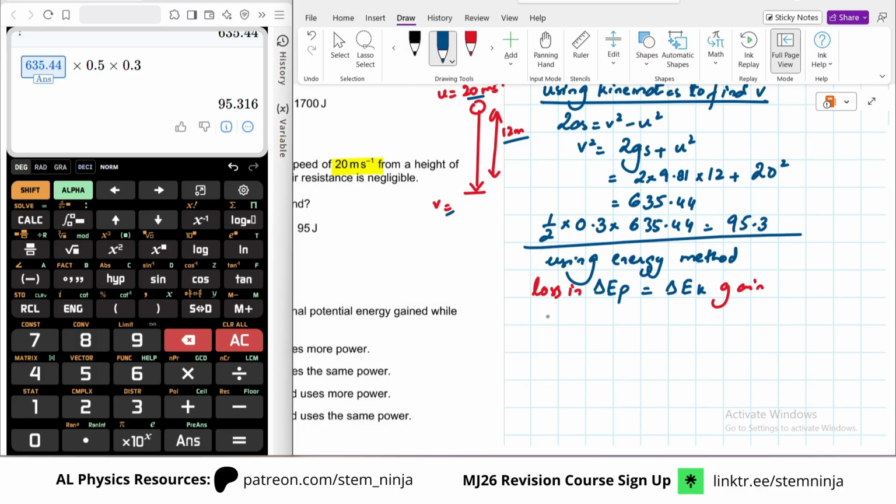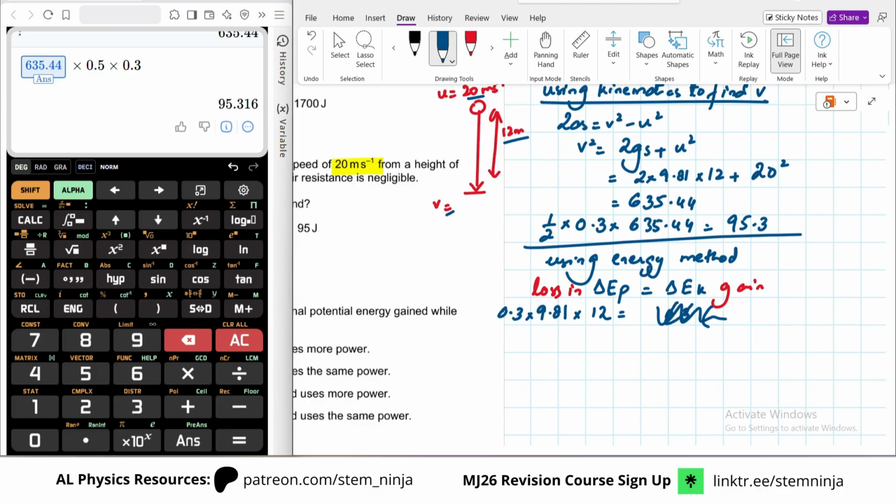So mgh, right? m on both sides would be the same, but still we can rewrite it. 0.3 times 9.81 times 12 equals the change in kinetic energy, so half times 0.3 times, actually we need the final kinetic energy, right?